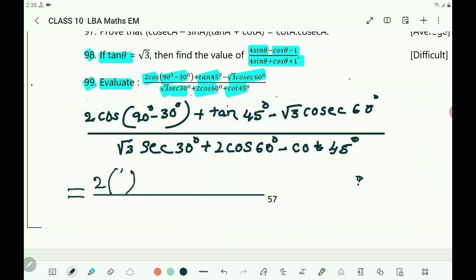Cos 60 is 1 by 2. Cos 60 is 1 by 2 plus you write tan 45. Tan 45 is 1, minus root 3, you write root 3 only.